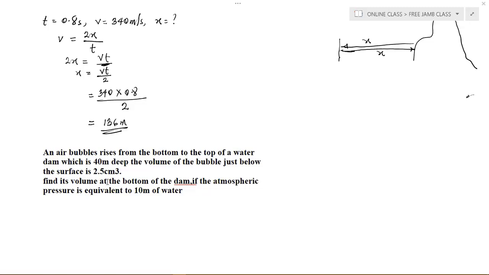Find its volume at the bottom of the dam if the atmospheric pressure is equivalent to 10 meters. Now, this question is talking about pressure. We are dealing with pressure here. How do we solve this?